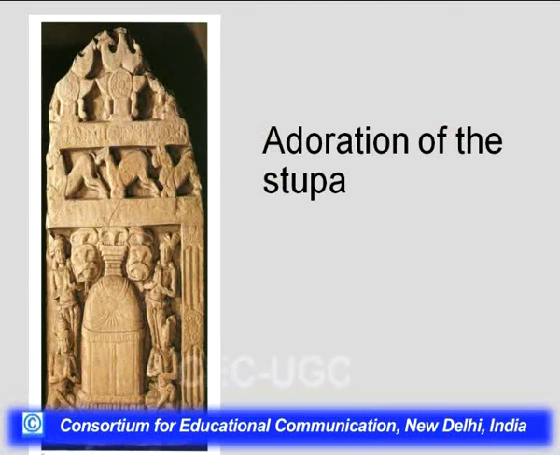All right. The importance of the stupa is seen here in a depiction of the adoration of the stupa. This is something that starts early and from the Bharut period onwards and continues in Sanchi, in Mathura, etc. But here it becomes almost an ornamental symbol itself.